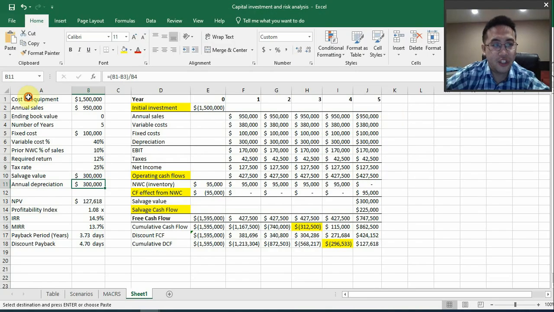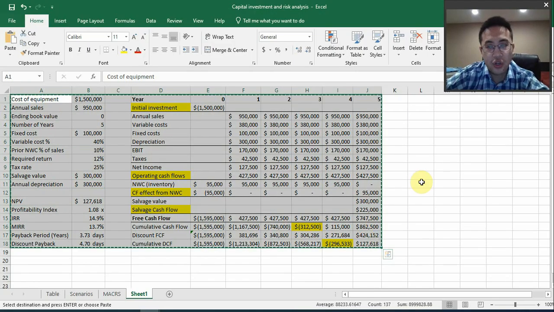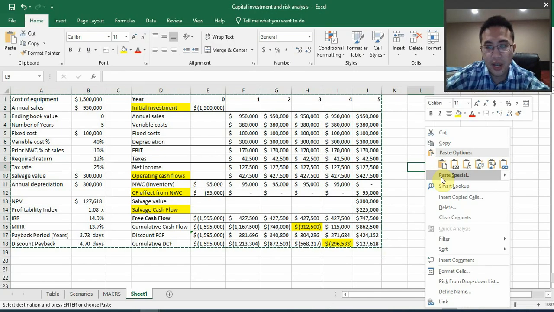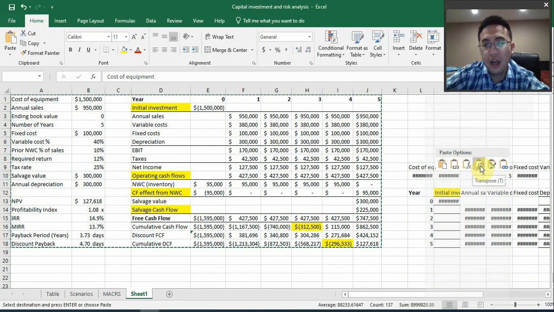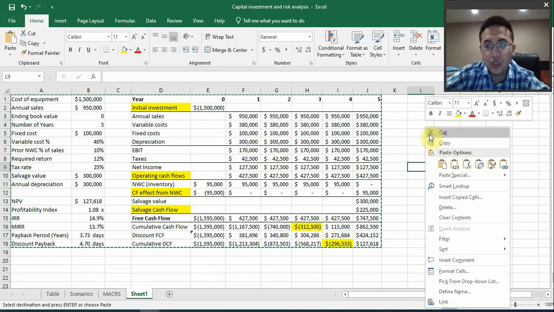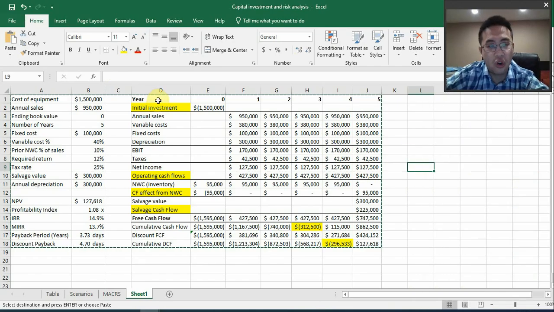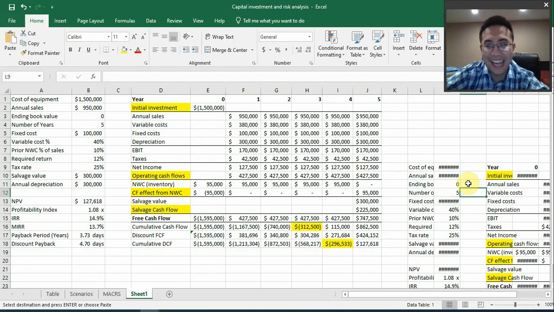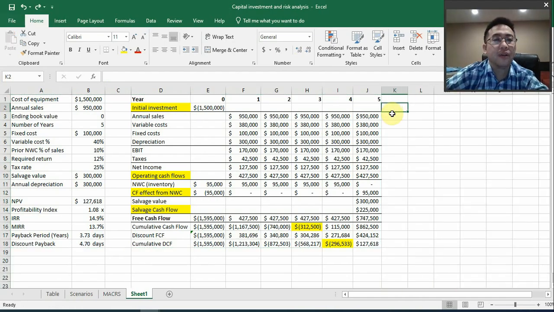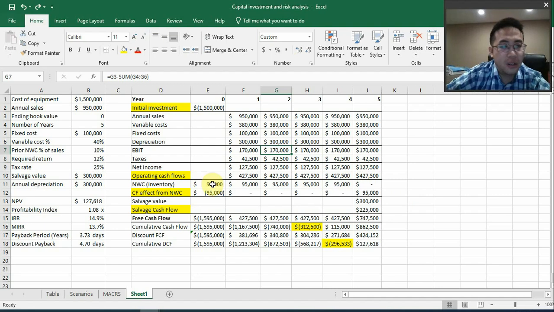Just directly paste it. Don't do anything special like paste the numbers only or formulas only or the format only. Just do Control V, so everything is retained. All right, so you're going to calculate the whole thing based on a different depreciation method.